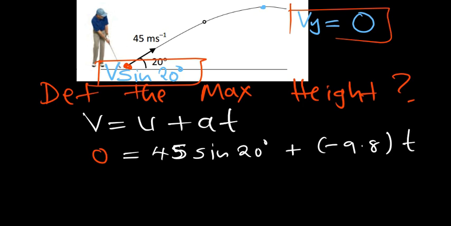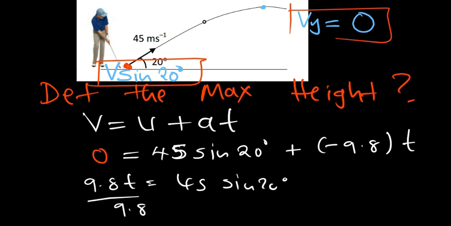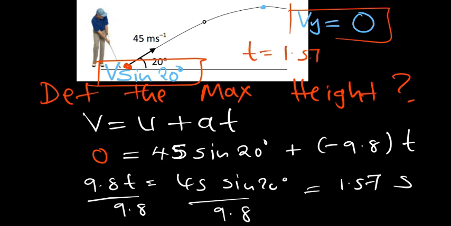So we can find the time using this equation. We can see it's the only unknown variable. So I have 9.8t is equal to 45 sine 20 degrees, then divide both sides by 9.8, and the time I'm getting is 1.57 seconds.